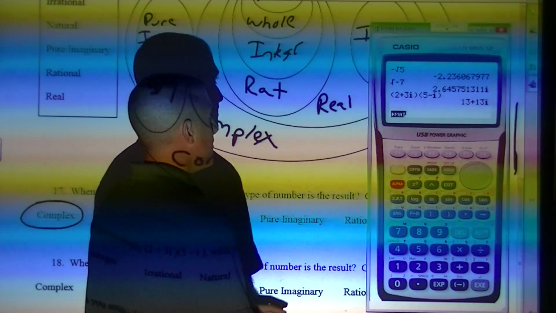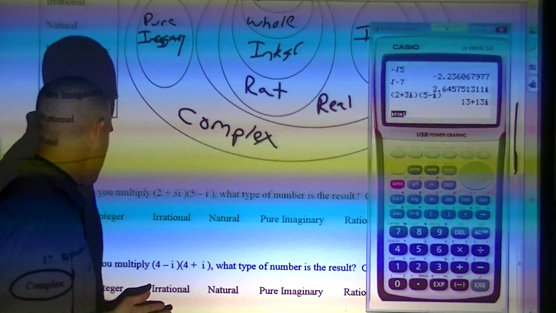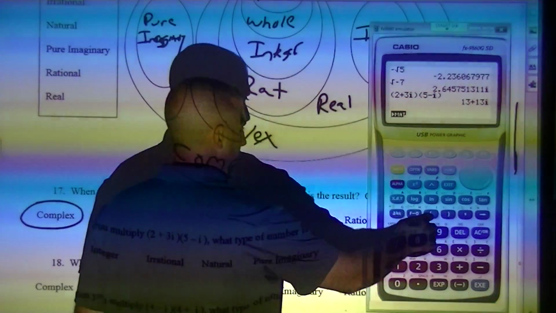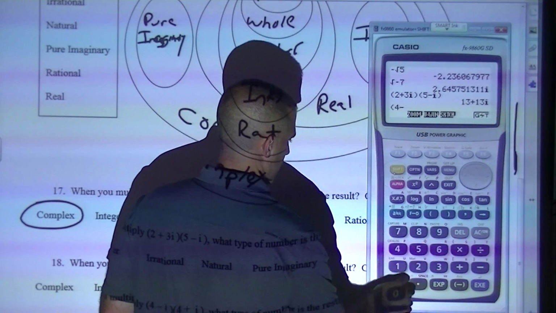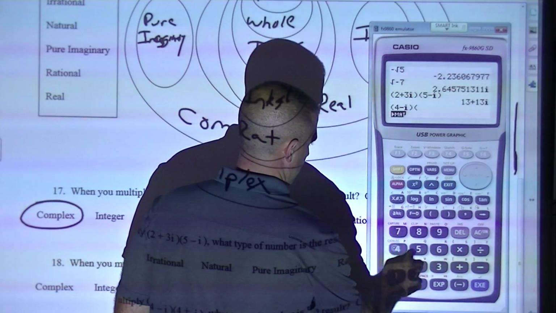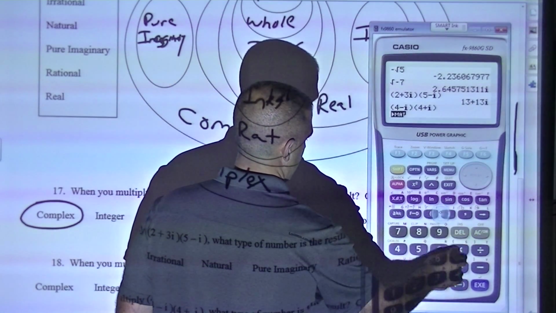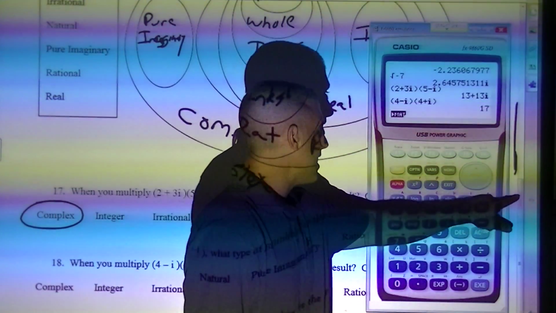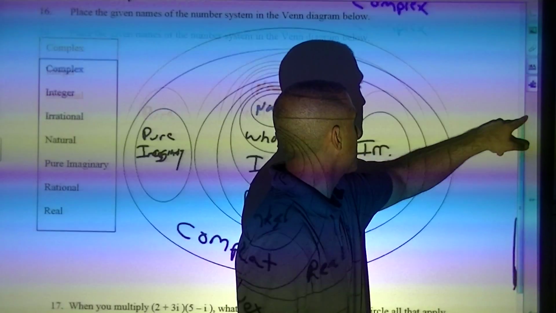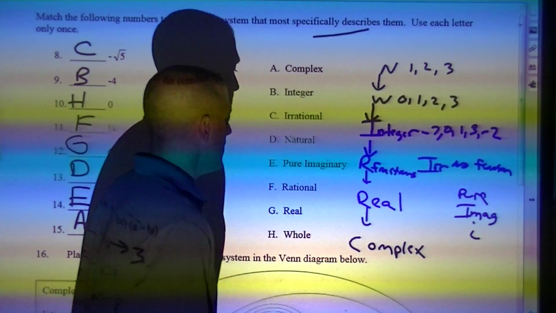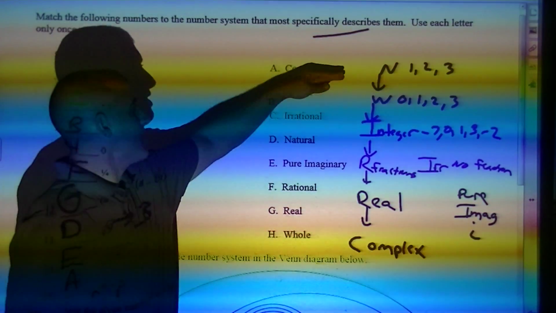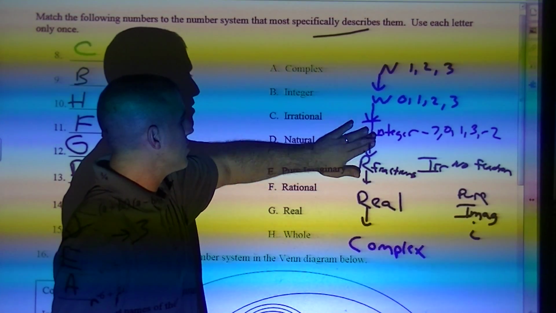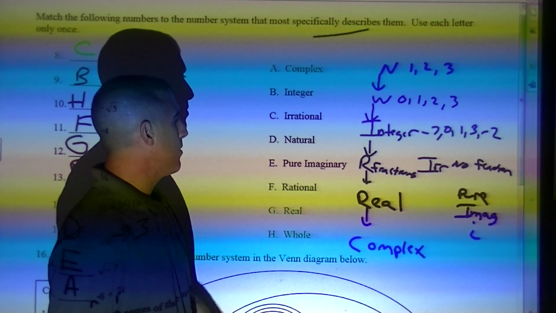Now, let's go to the next one. When you multiply 4 minus i and 4 plus i, you get 17. Now here's what you have to do. Let's go back up here for a second. If you look at 17, 17 is a natural, whole, integer, rational, real, complex.